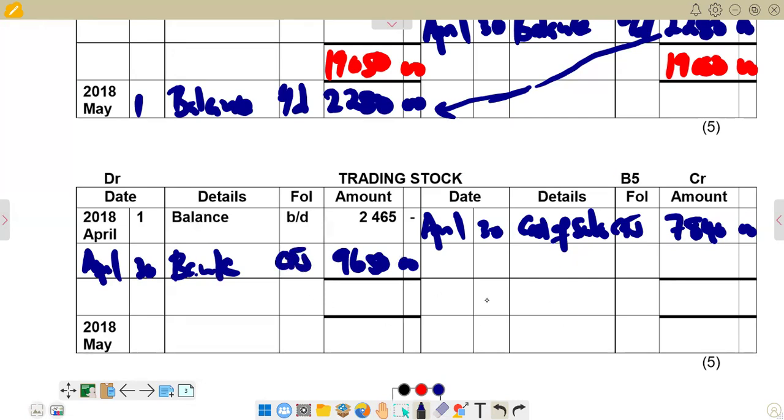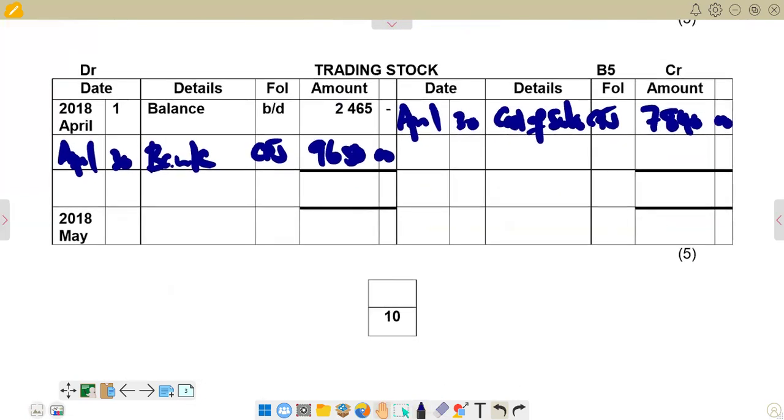Then I will do the same that we did there, that we add the total of debit and credit. We are now balancing. So we are saying this is the debit, this is the credit. On the debit side here, we have 2,465 plus 9,650. You are going to get 12,115 as the total of the debit.